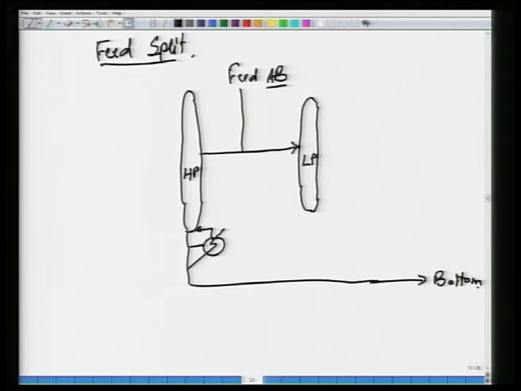The low pressure column has its own condenser and a small reflux drum. The AB mixture is going in. The hot vapor from this high pressure column, and let me draw the heat integration scheme in blue so that it is clear. The low pressure column also has a reboiler.